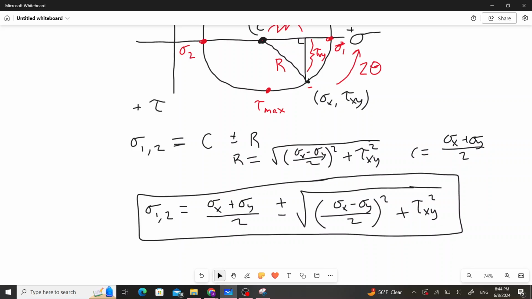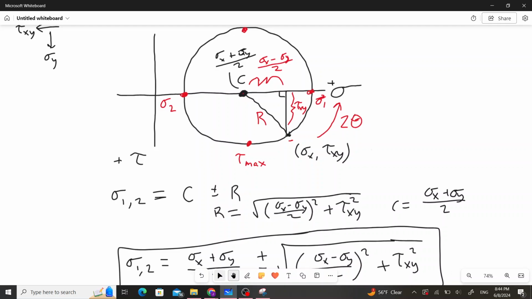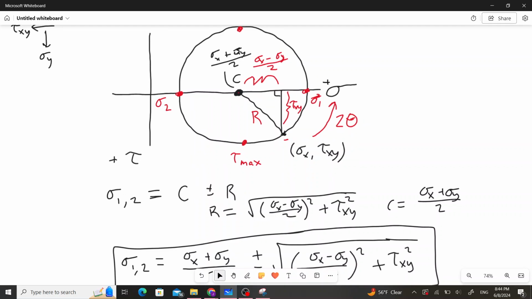Now what if we want to know the angle at which the principal stresses occur? Right, so if we want to know what angle theta we need to rotate, to transform the stresses, from our x-axis to the x prime axis where the principal stress occurs?